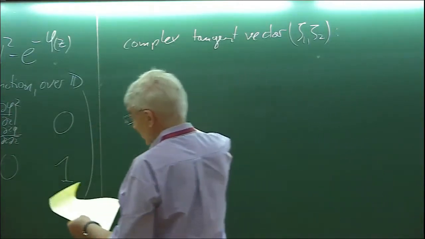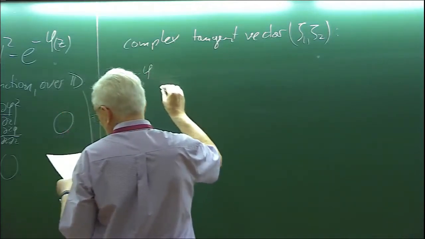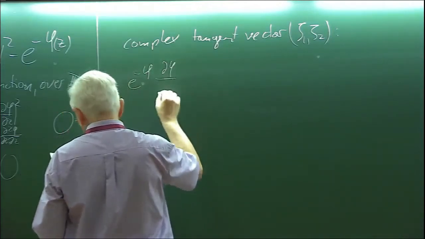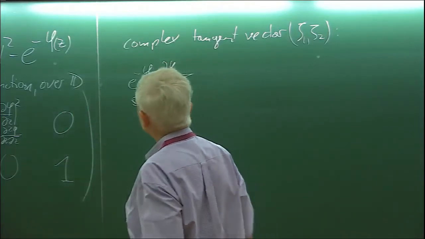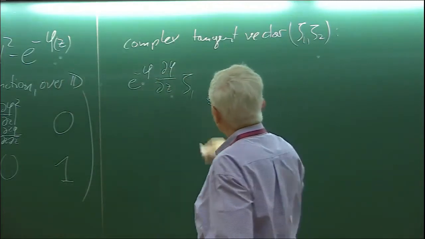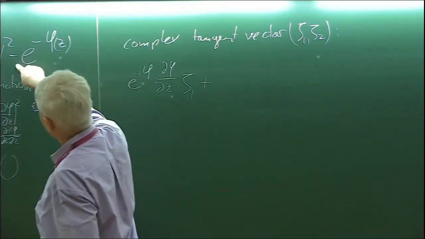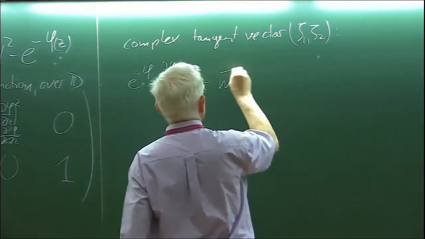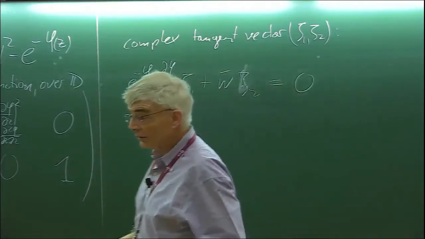And so if you compute that here, you're going to have e to the minus phi d phi dc. So I'm differentiating this with respect to c, zeta 1, plus differentiate this with respect to w, you get w bar, zeta 2 should equal 0.